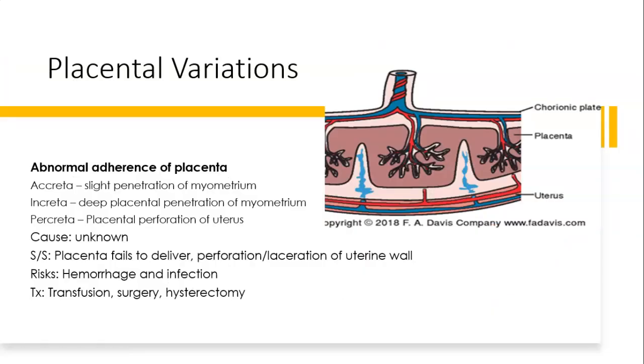Placental variations that can affect the labor process are usually related to abnormal adherence of the placenta. There can be placental accreta, increta, or percreta. The cause is unknown, and these can lead to major problems for mother and baby. The placenta can be adhered to the wall of the uterus and can fail to deliver, causing excessive bleeding for mother.